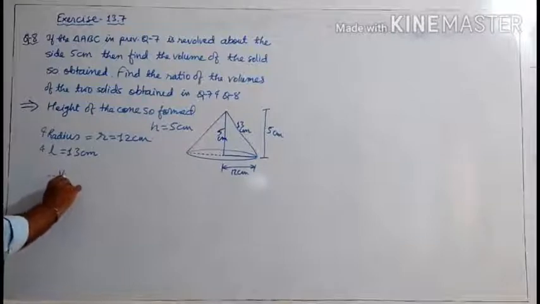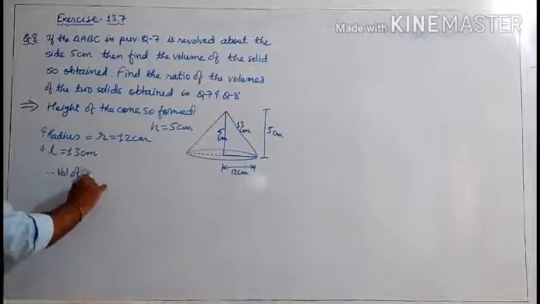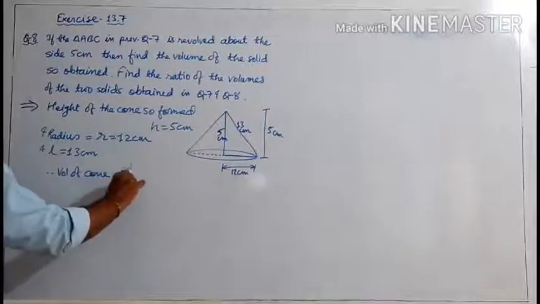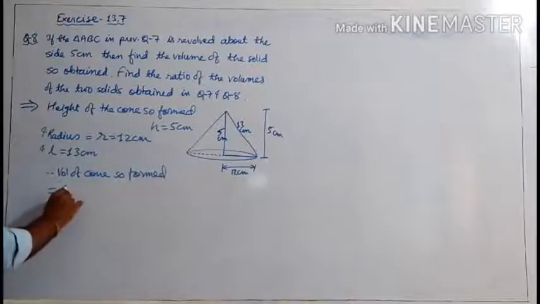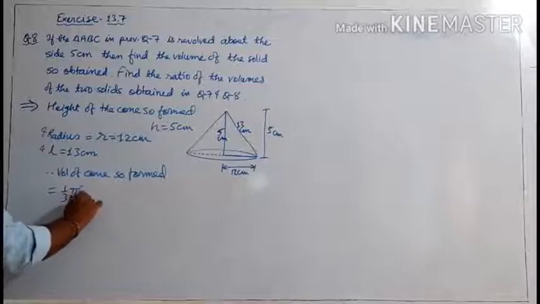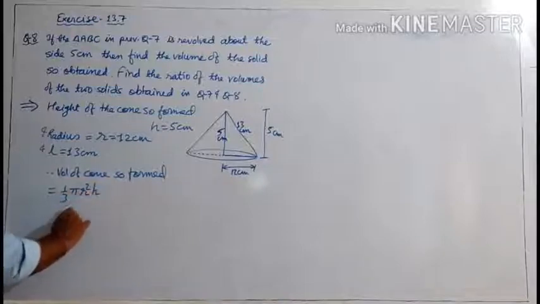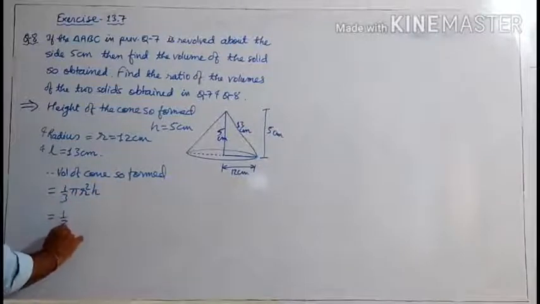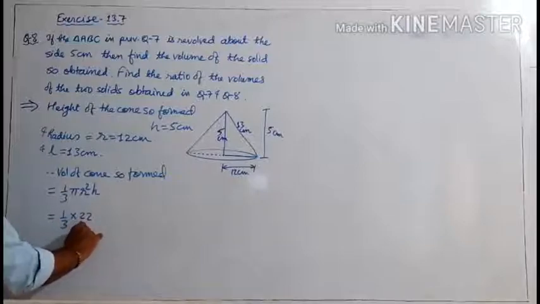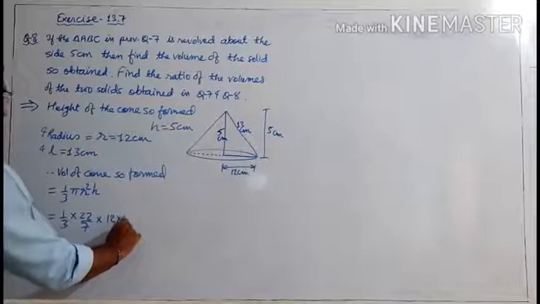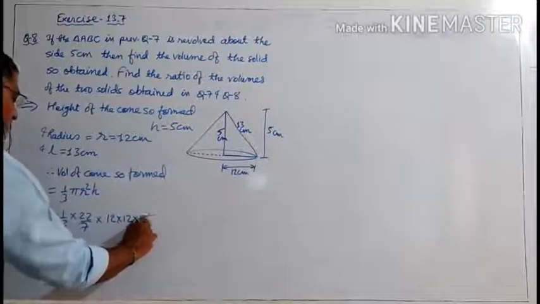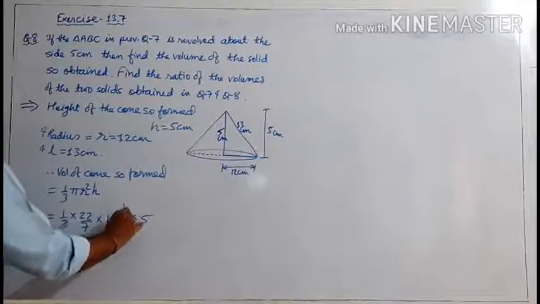Therefore, volume of cone so formed is equal to 1 by 3 pi r square h. 1 by 3 multiplied by 22 by 7 multiplied by radius 12 centimeter multiplied by 12 and height 5 centimeter. 3 4s are 12.